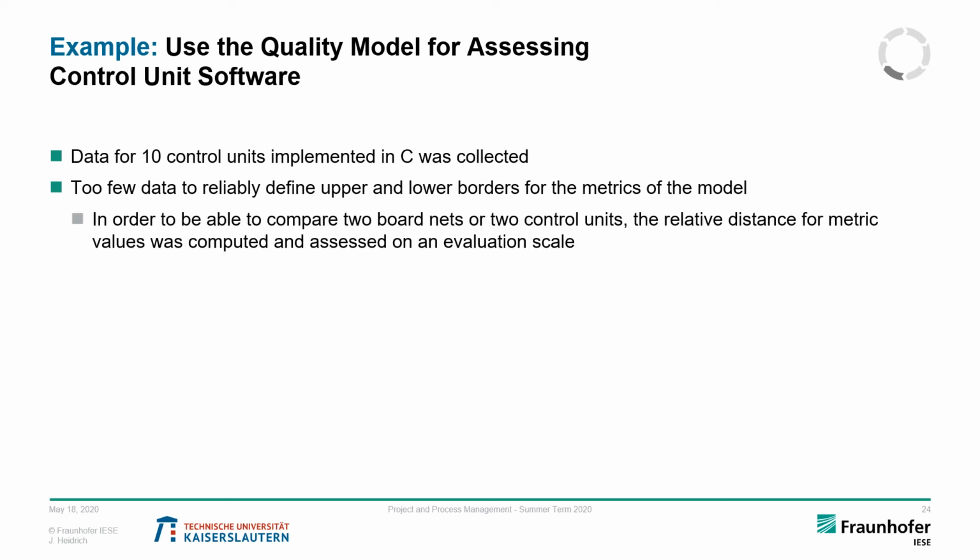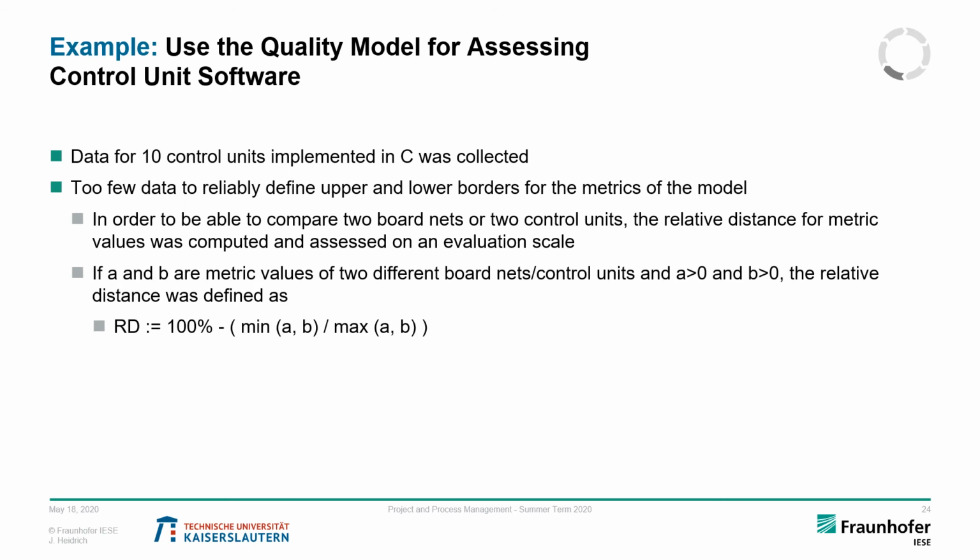And therefore, in order to be able to really compare two control units with each other, the relative distance for the metric values was computed and assessed on our evaluation scale. As a workaround, we proceeded as follows.